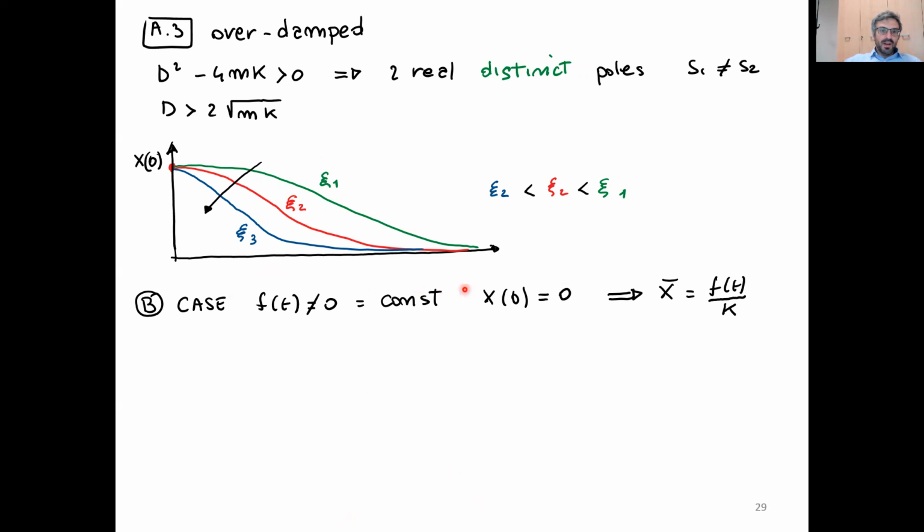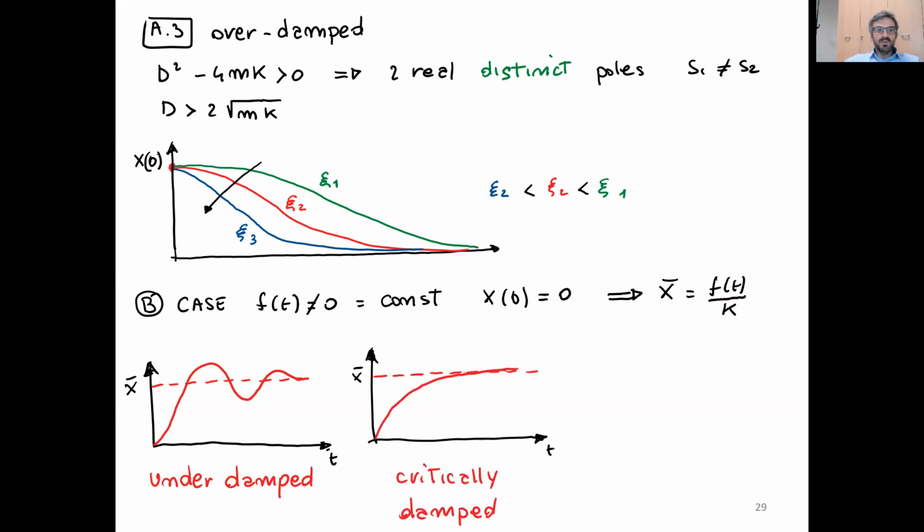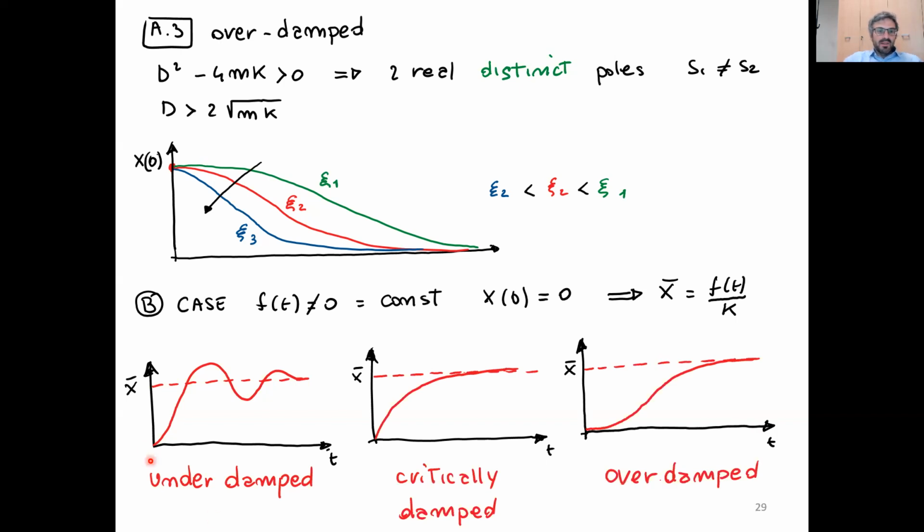In case of an external input, rather than an initial state, we have the forced response, and we have an equilibrium point because the system is stable, so the system evolves toward an equilibrium. And we have 3 cases very similar as before, but going to the equilibrium point.